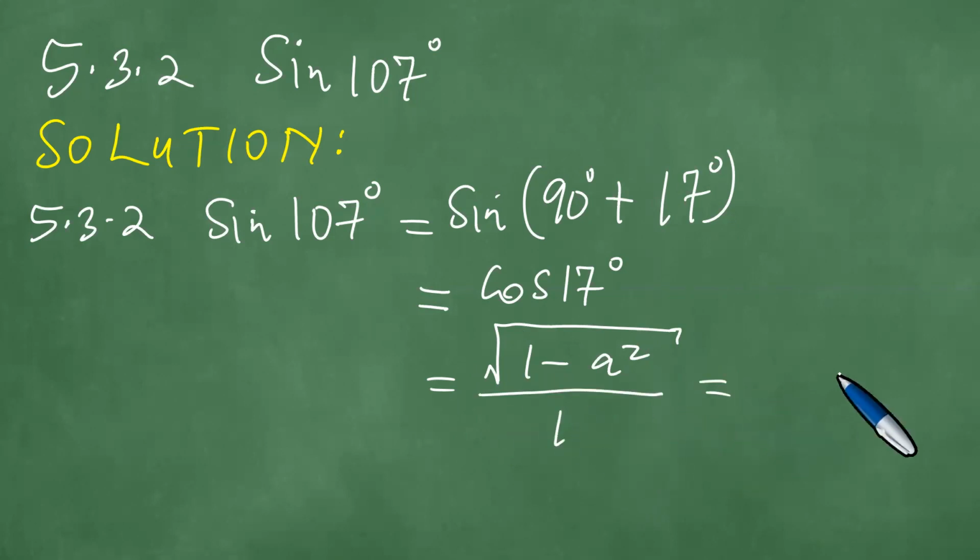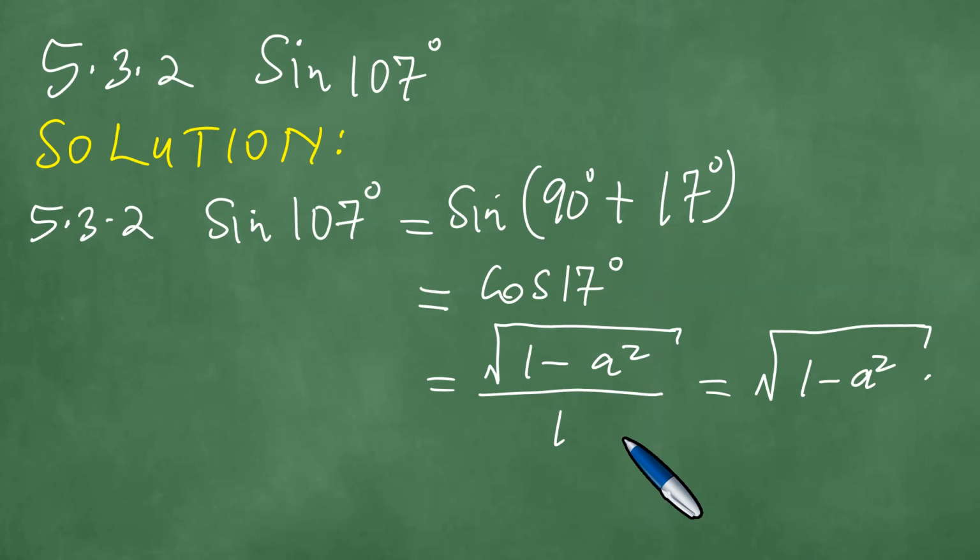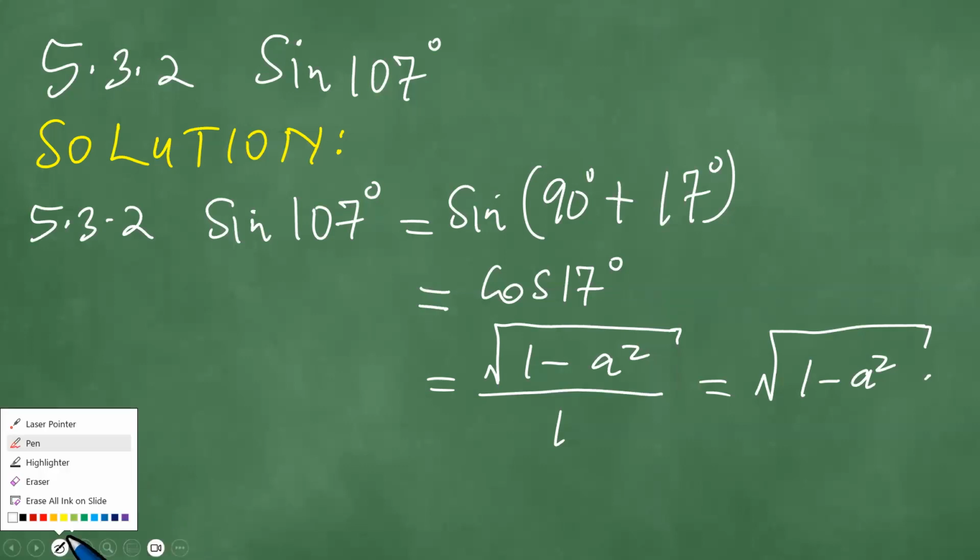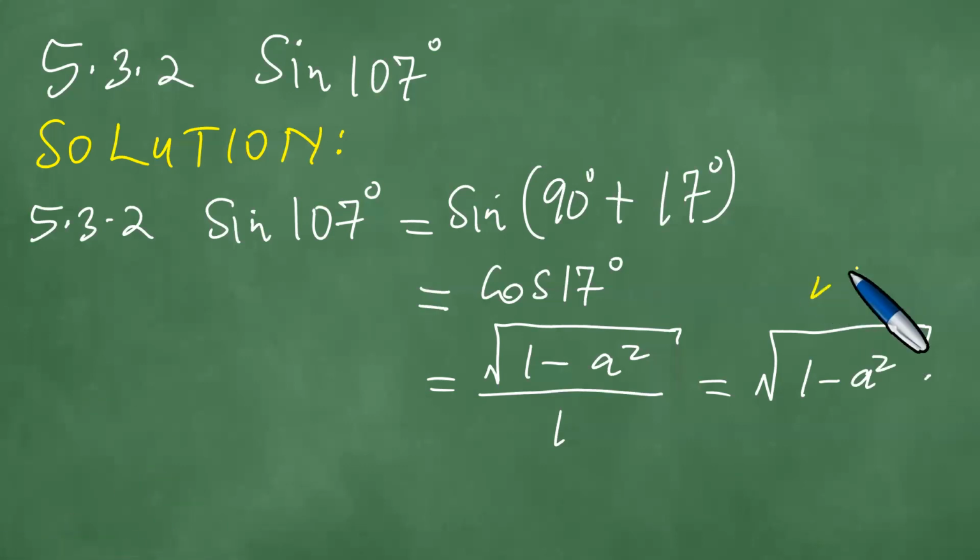And if you divide this by 1, it is the same as the square root of 1 minus a squared. Which means the cosine of 17 is the square root of 1 minus a squared. Right. And we have solved this particular question, and we proceed to solve more problems.